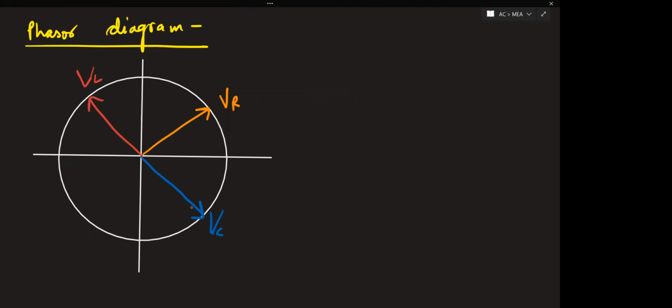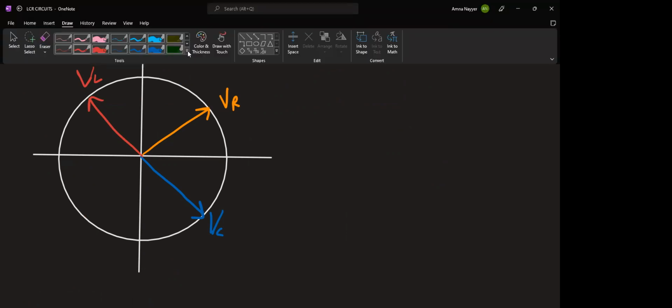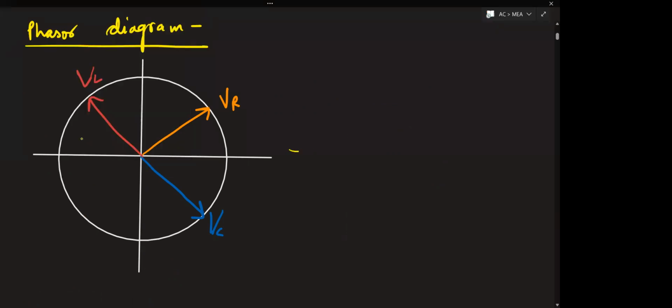Now how to solve this? See, two things can occur. Remember your parallelogram law. You resolve two vectors first, you solve two vectors at a time, then with the resultant you solve the third quantity. Here also both things can occur.